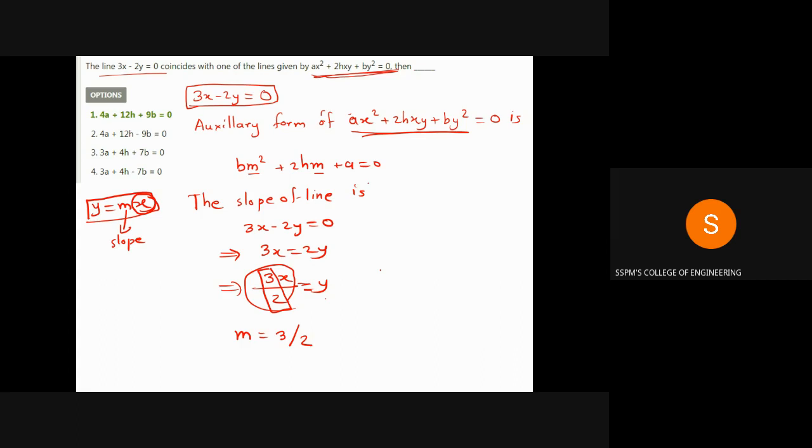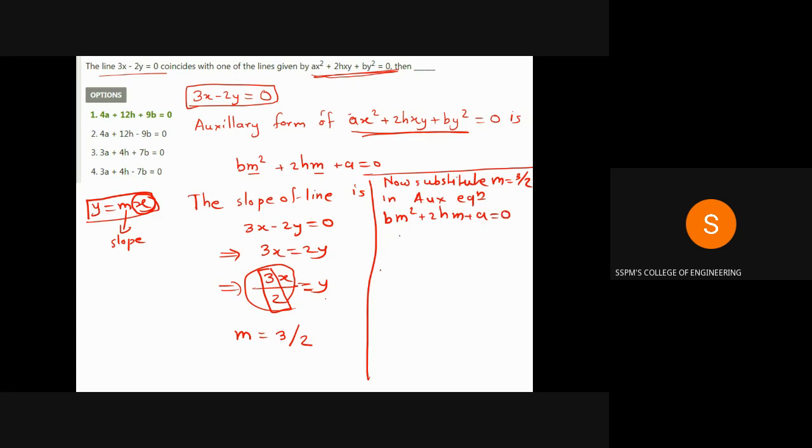Now we substitute m is equal to 3 by 2 in the auxiliary equation. What is our auxiliary equation? It is bm square plus 2hm plus a is equal to 0.